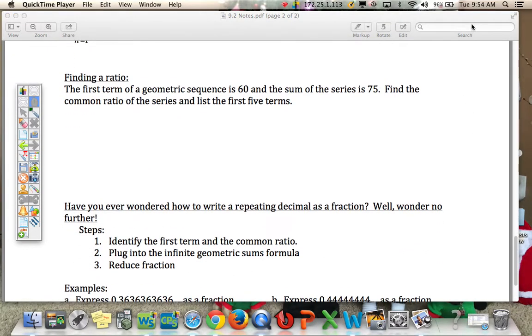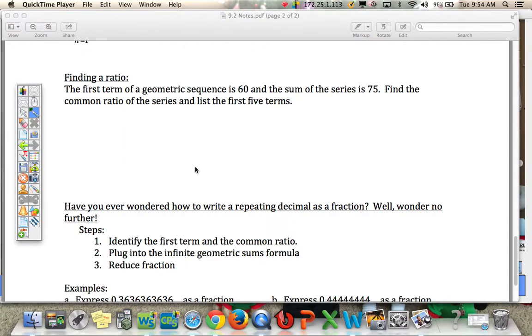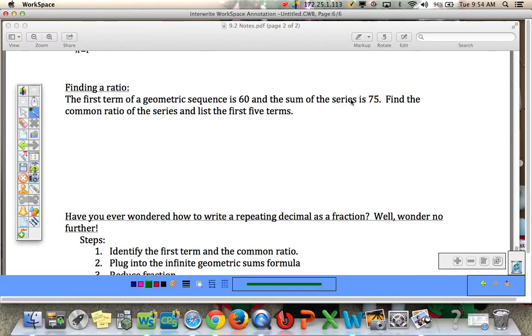Okay, solving different types of problems. The first term of a geometric sequence is 60, and the sum of the series is 75, so we know it's convergent. Find the common ratio of the series and list the first 5 terms. So first step, plug into your formula. We know the first term, we don't know the ratio, we want the ratio. So the sum is 75. That equals 60 over 1 minus r. Since we have the 1 minus r on the bottom, and I don't want it on the bottom, I could cross multiply.